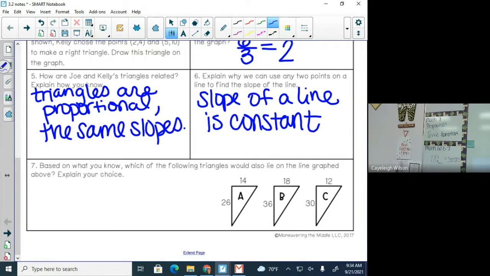Give everybody a chance to look at it before we tell. So remember, slope is the rise over the run. So we're looking at these 3 triangles to figure out which one has the same slope so that it would go on the same line.